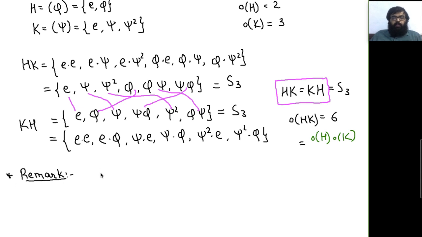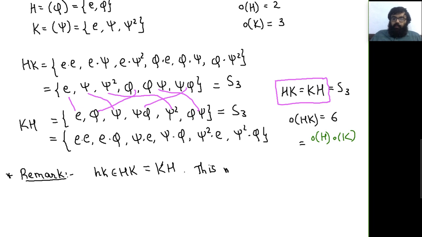If I take an element small h, small k in HK, with h in H and k in K, and HK equals KH, then this element also belongs to KH.